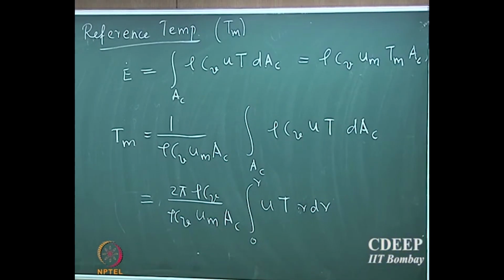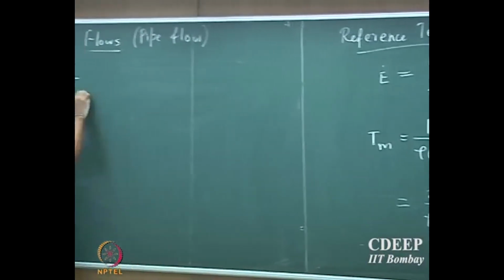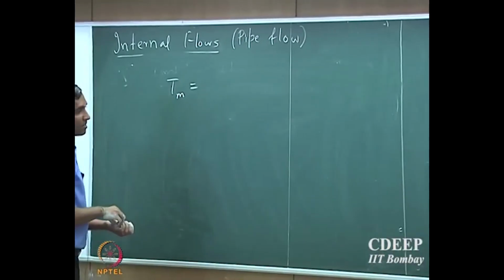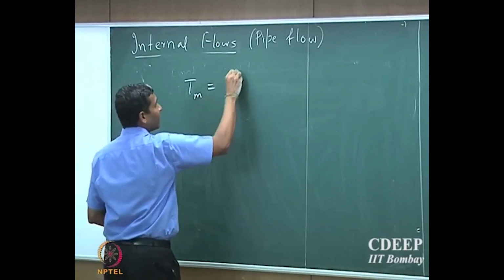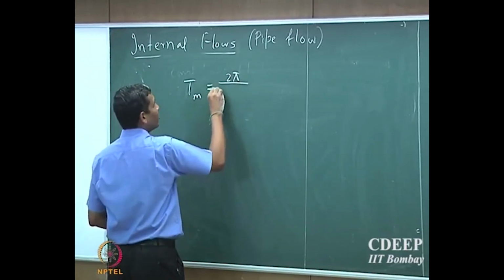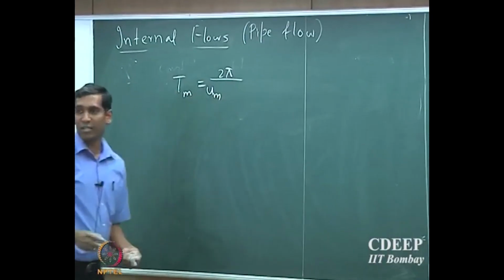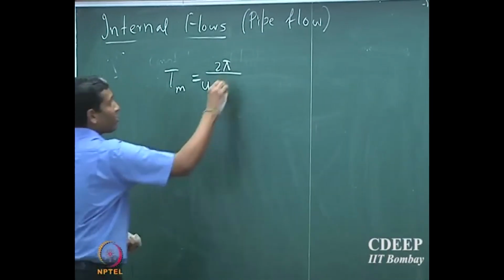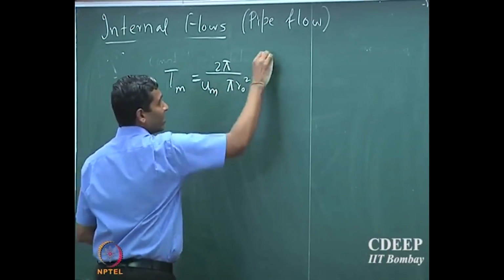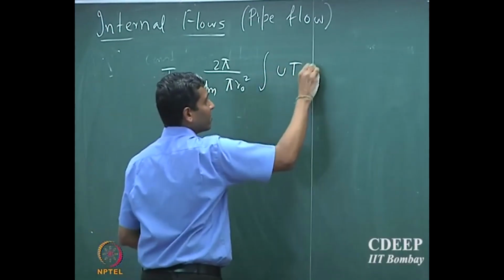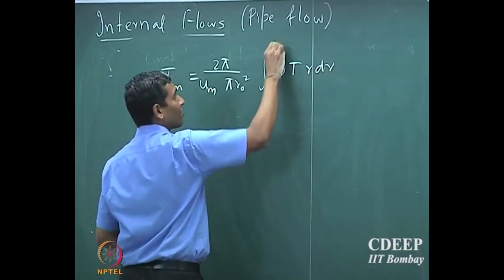So from here we can deduce that Tm is 2 pi divided by um into the cross-sectional area, which is pi r naught square, into the integral of u T r dr from 0 to r naught.